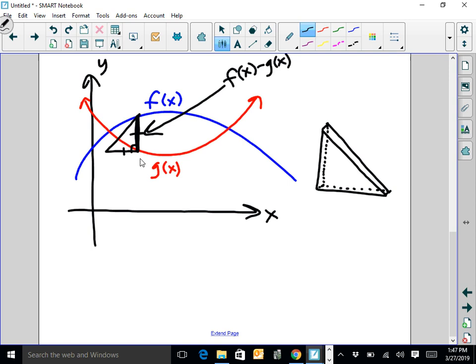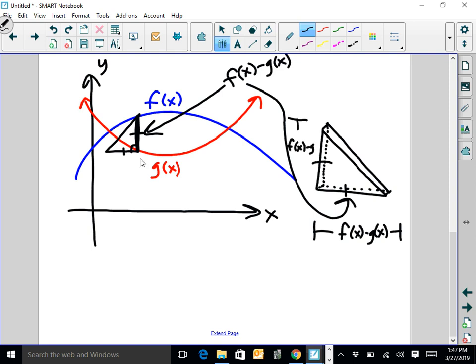This length right here is f of x minus g of x. But since this thing is isosceles, that means the height of the triangle is also f of x minus g of x. And again, I have this thickness dx.